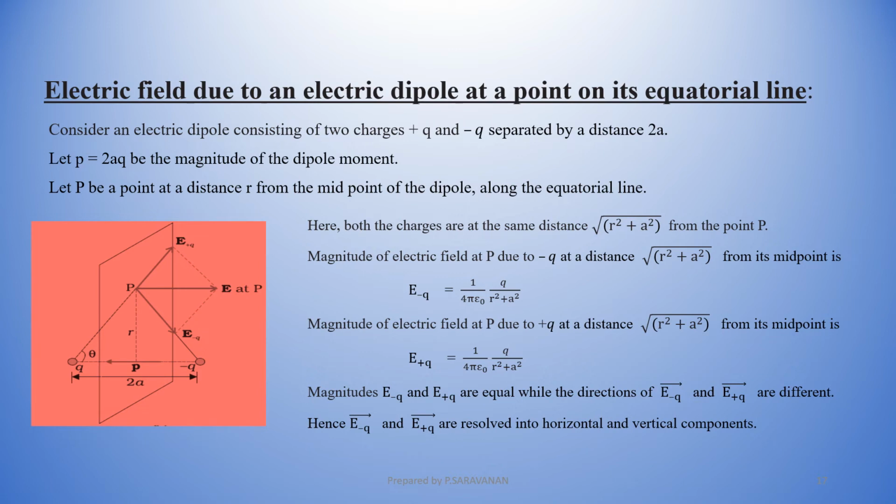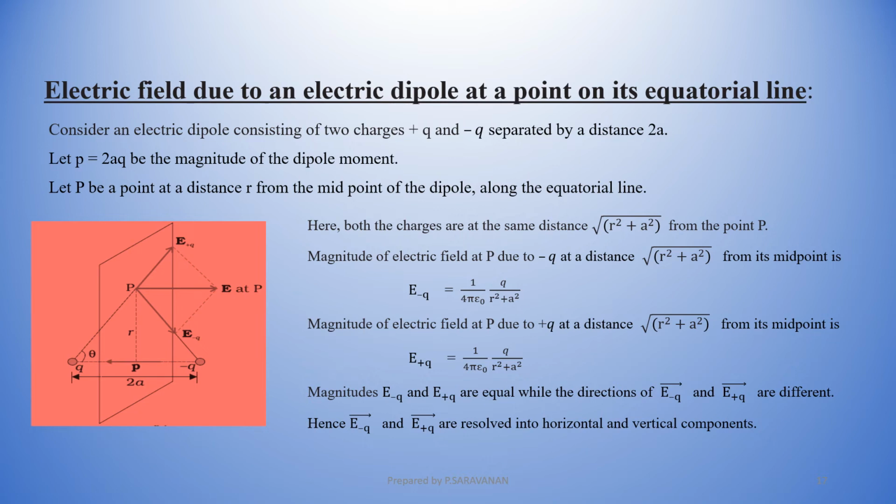There are two right angled triangles. By applying Pythagoras theorem, you can find out the distance square is equal to r square plus a square. And so the distance of the point P from either charge is square root of r square plus a square.